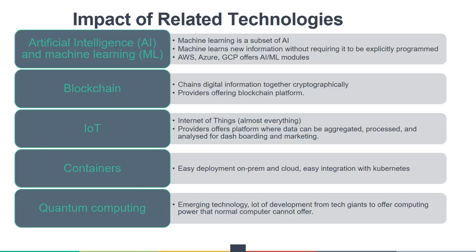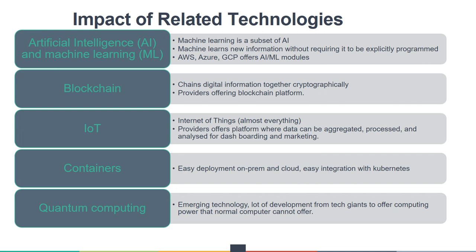This is a very new topic which is added to CCSP. These technologies are made easily and economically available to the customer by the automation, elasticity, and resource pooling capabilities of cloud computing. Apart from this, if used properly, these technologies provide a lot of ease for enhancing business models with great security, like AI, ML, blockchain, IoT, containers, quantum computing. So there are different modules which are being added in AWS, GCP, Azure.